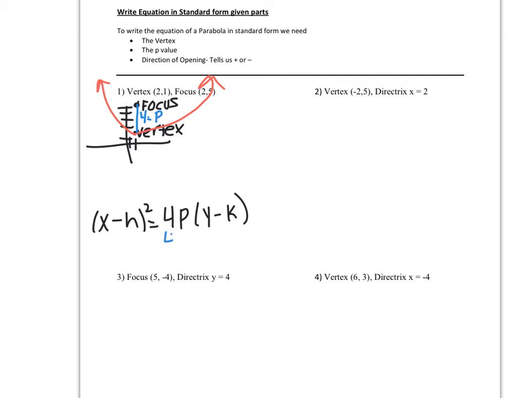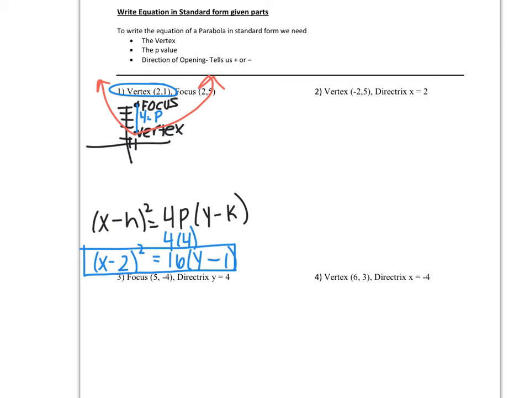Okay, so 4 times 4 is 16, and then y, and really the only thing that we need to finish this is the vertex point, which we have. So my vertex is (2, 1), so it goes in as negative 2 and negative 1. That is my equation of my parabola.